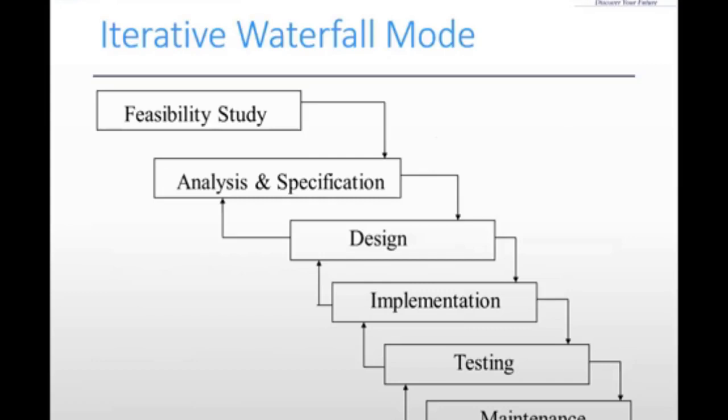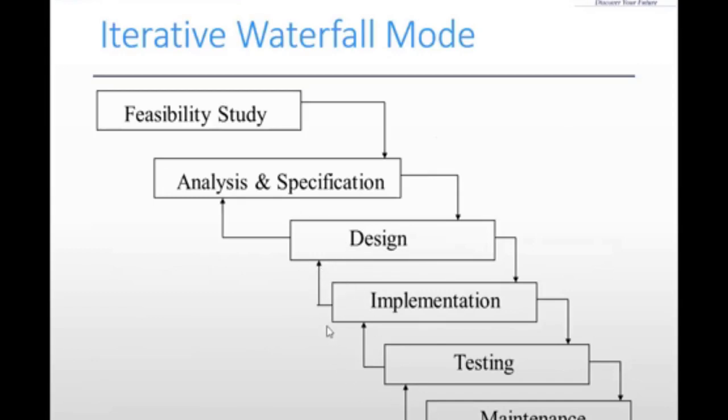Now assume we have issues, say something happens in the design. Then we can go back to the design phase, fix it, and come back, right? So the time is less, effort is less, and cost is also less, right? So we can go back to each and every phase.